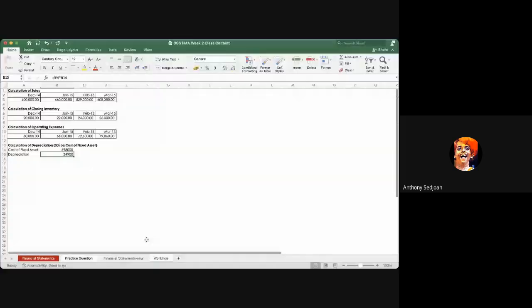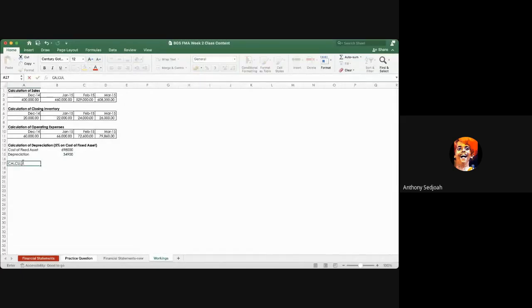Let's try and calculate that percentage: December sales to debtors, as a percentage.